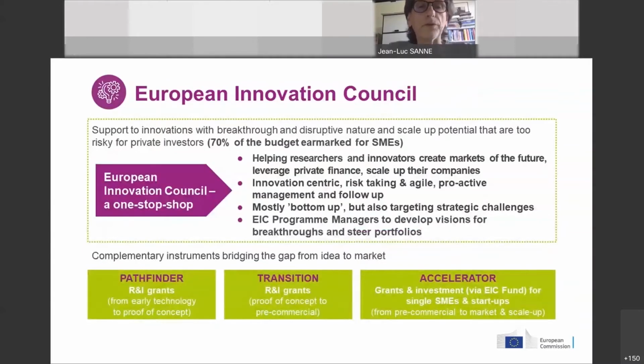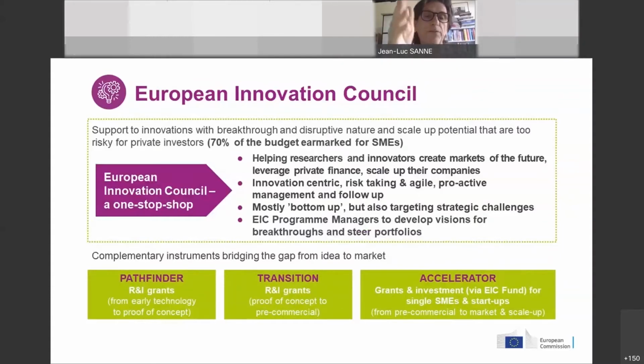If we take the European Innovation Council, I think it's an interesting one because it can be a complementary activity in personalized medicine. 70% of this European Innovation Council goes to SMEs, and it's a bottom-up approach. You can have a single company, and it addresses different steps.